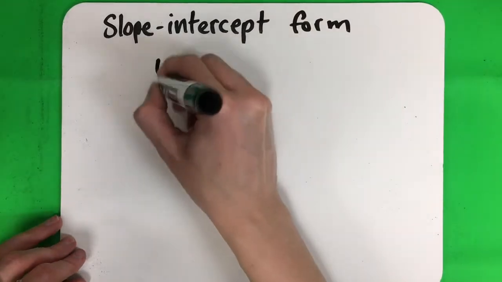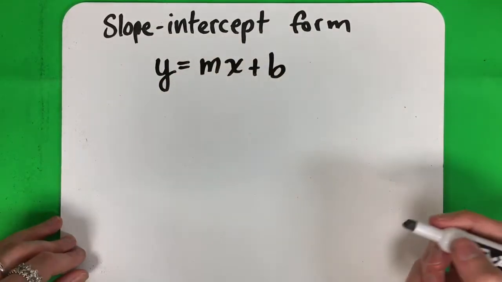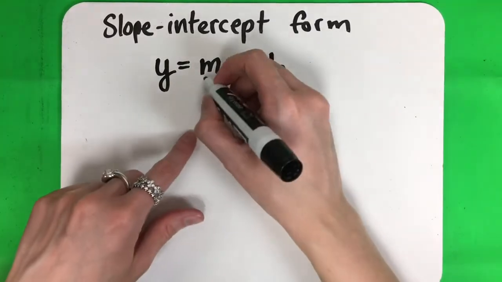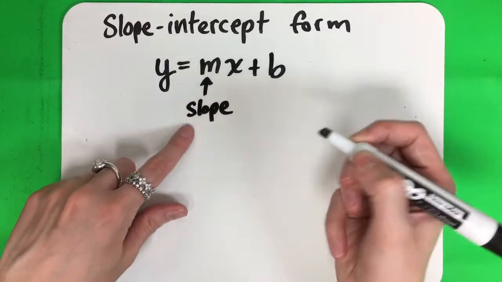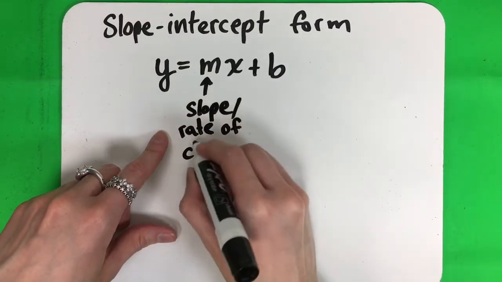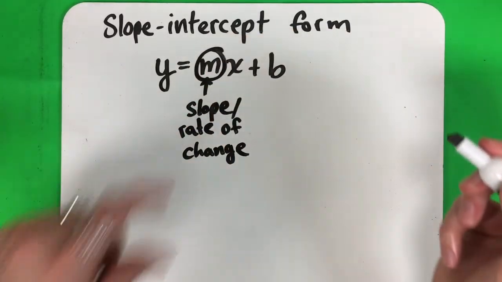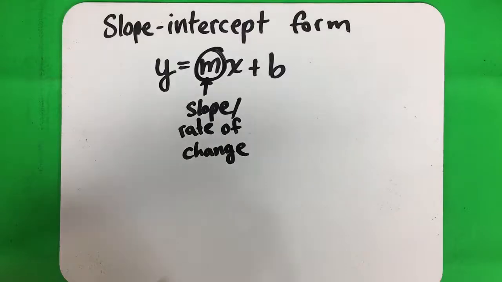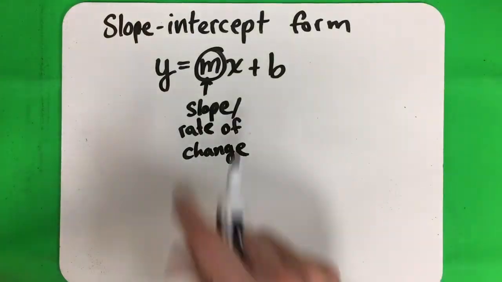That is y equals mx plus b. Now remember what I told you, m is actually the slope or the rate of change. The m right here. So this is what we're looking for in these questions here. Okay, so this is what we want. We want it like this.